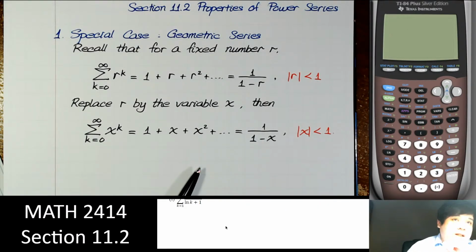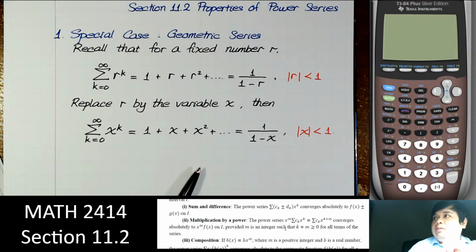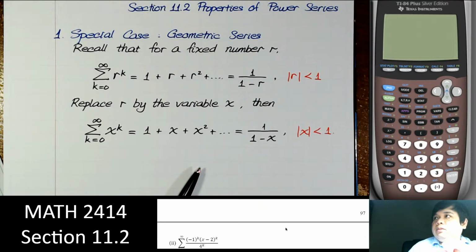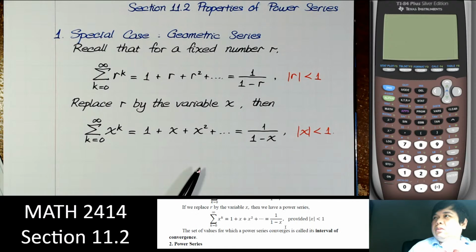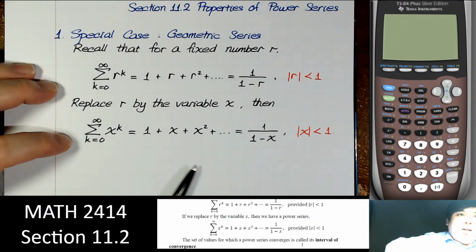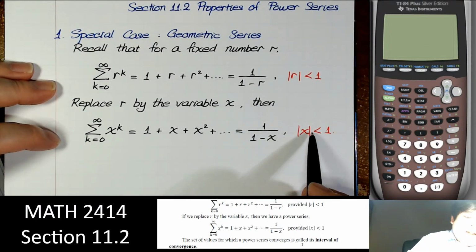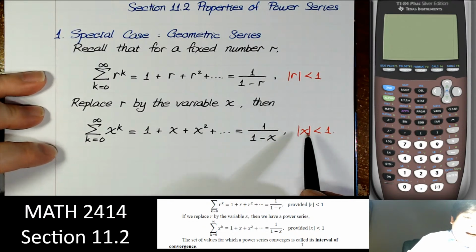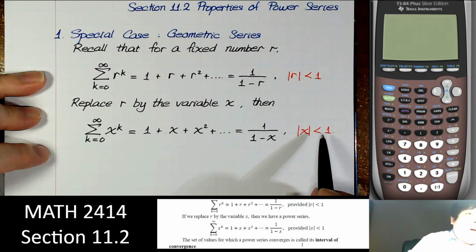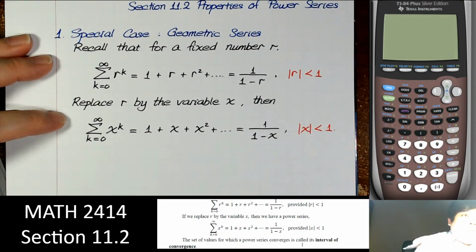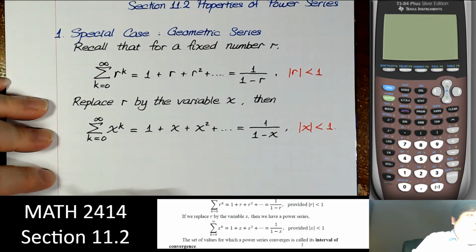The power series, the difference is that we will have X as the variable in it. And in this case, absolute value of X less than 1 gives us the interval from -1 to 1 as the interval of convergence.